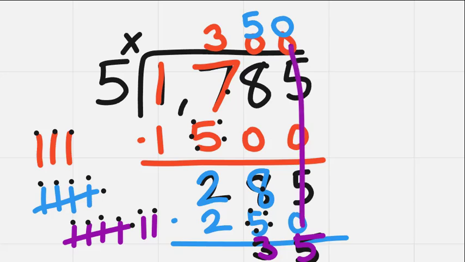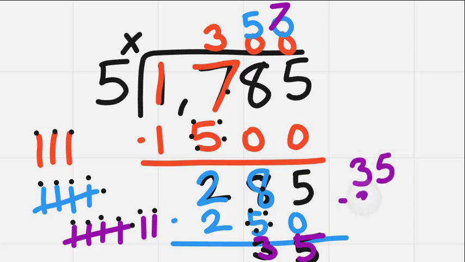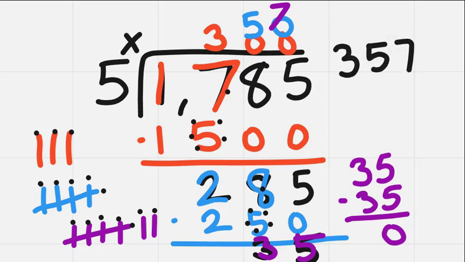We'll put the 7 straight up from where we were, and then we multiply. 5 times 7 is 35, so we'll subtract. 35 minus 35 is 0. That means our answer is 357. We're going to multiply by 5 to check our answer.